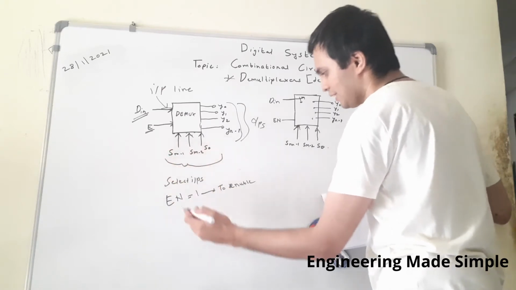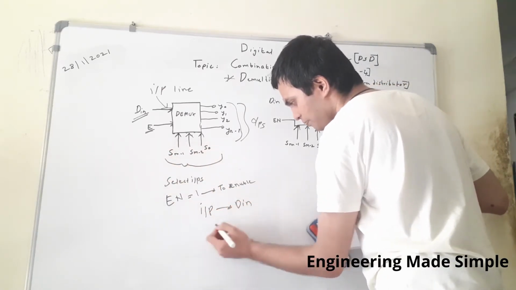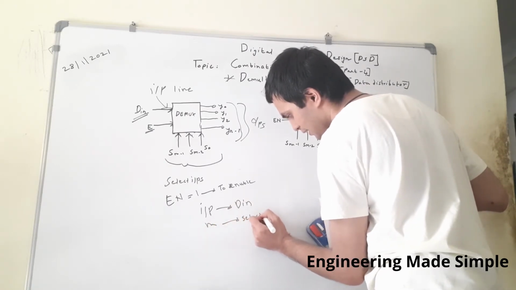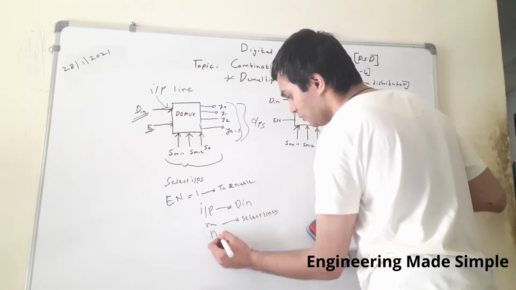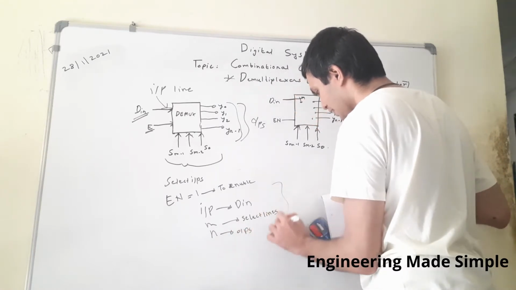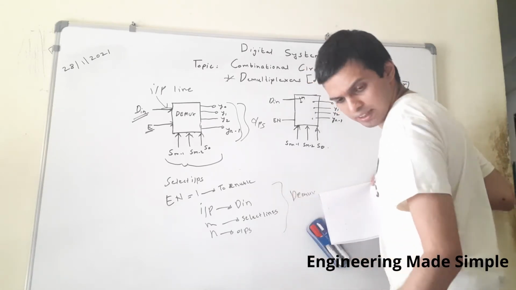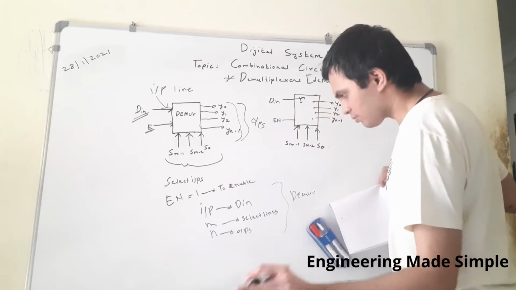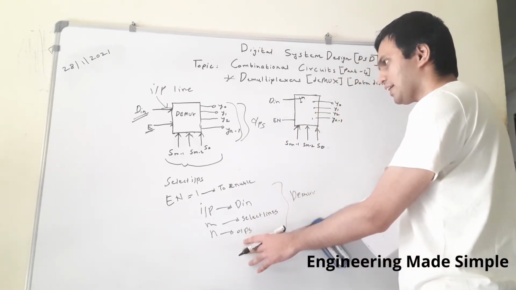So a circuit which consists of one data input line, m select lines, and n outputs is known as a demultiplexer, or a demux. So this is what a demultiplexer circuit consists of.